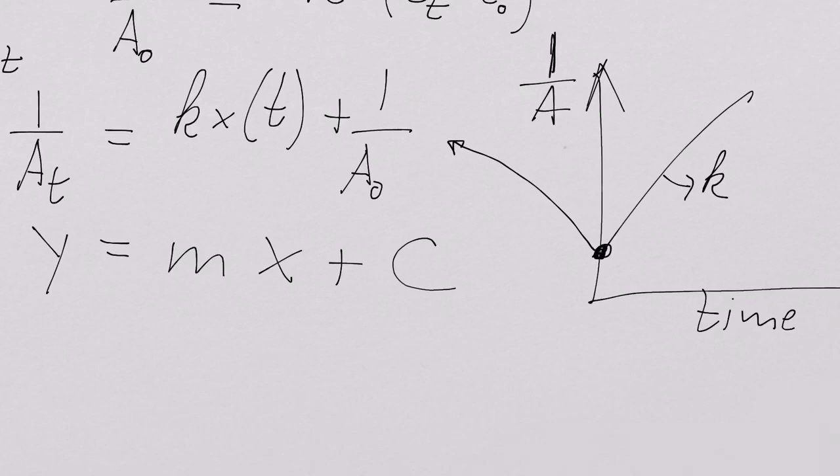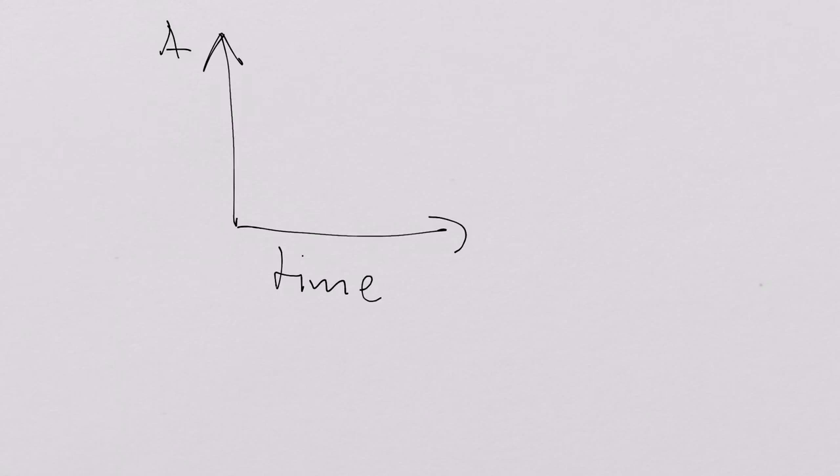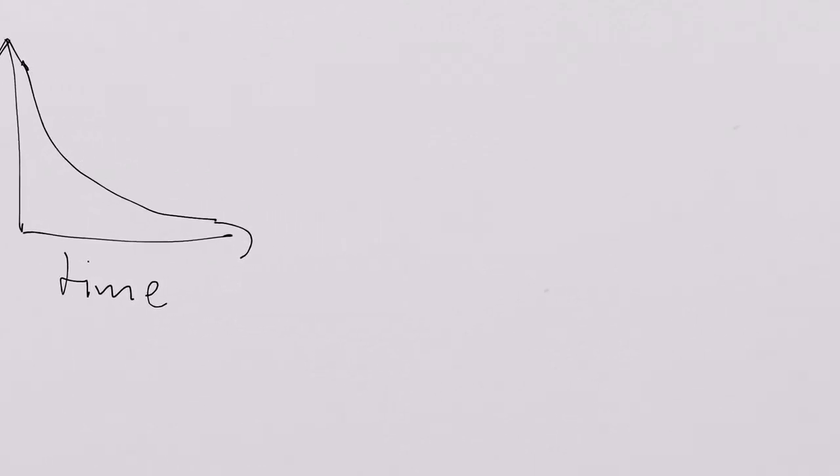So, question for you guys. I plot my reaction A versus time, and I get something like that. What is it? Not a zero-order reaction. Okay, next try.